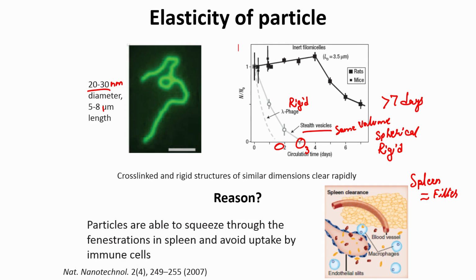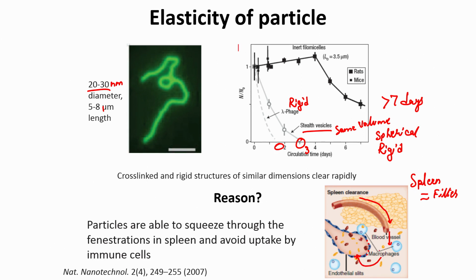So, if this was a spleen vessel, the blood will empty itself into the interstitium of the spleen, where there are lots of immune cells residing around, and then there are other blood vessels which are fairly leaky, and from these leaks all the blood will go in and squeeze through.